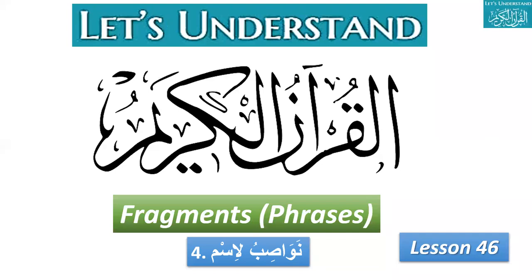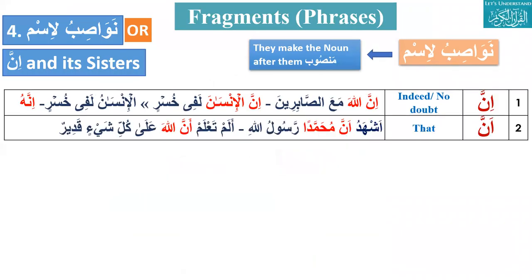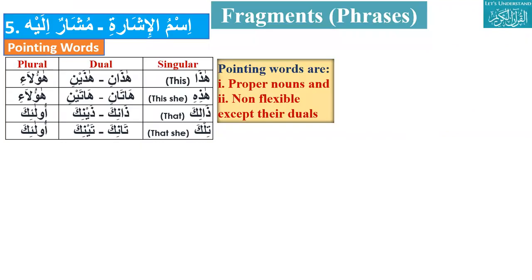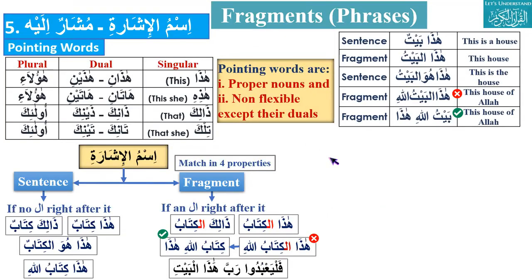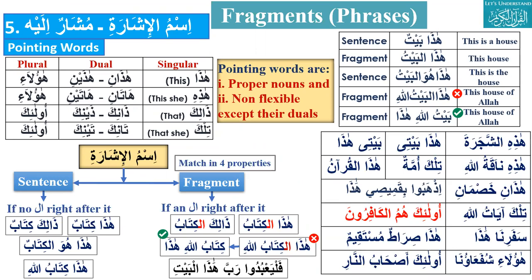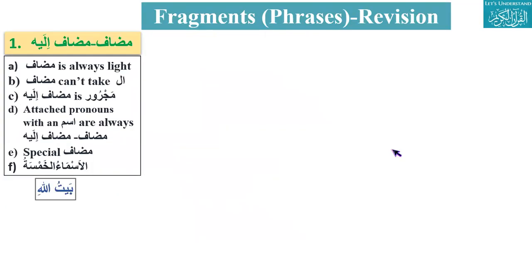So what do they do? They make the noun after it majroor. So minal kitabu, is it okay? No. Why? Because kitabu is in marfu status. It has to be majroor.